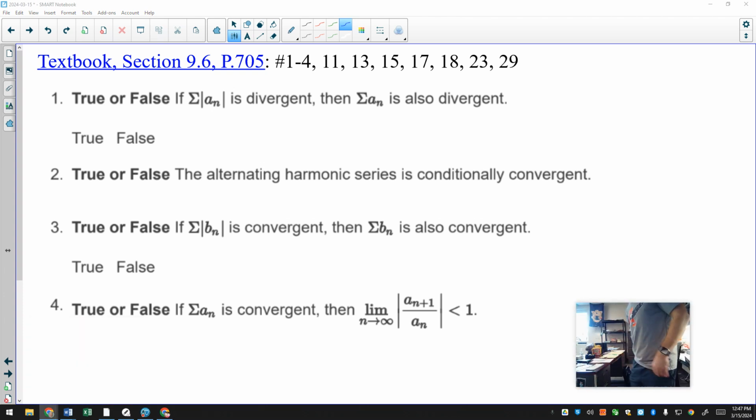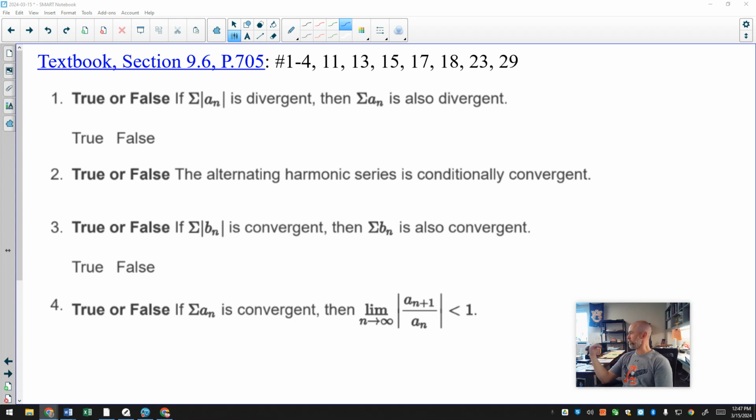So question 1: if the absolute value is divergent, then so is the original. That is not necessarily true. So otherwise false. It could be true, but for true false, it needs to be a must statement. What type of series would we need to look at that would be the counterexample? Not a specific series.